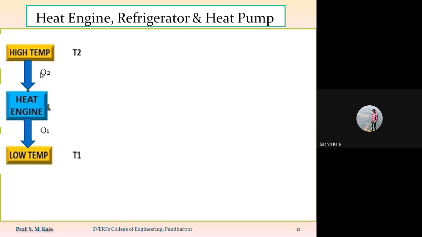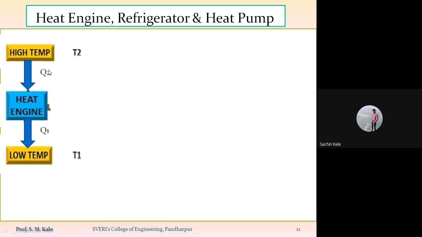That means if Q2 amount of heat is transferred from the higher temperature region to the heat engine, then the same Q2 amount of heat will not be transferred from the heat engine to the low temperature body. Because according to the first law of thermodynamics, we know that heat and work are interconvertible.